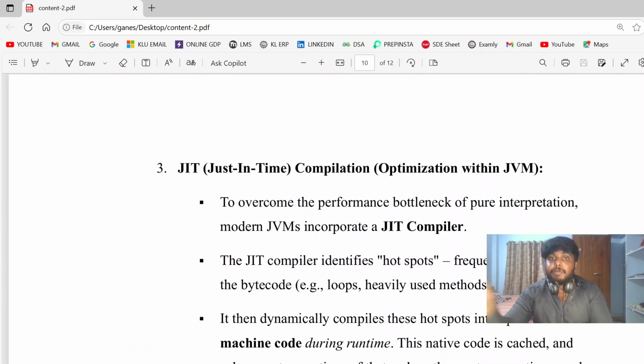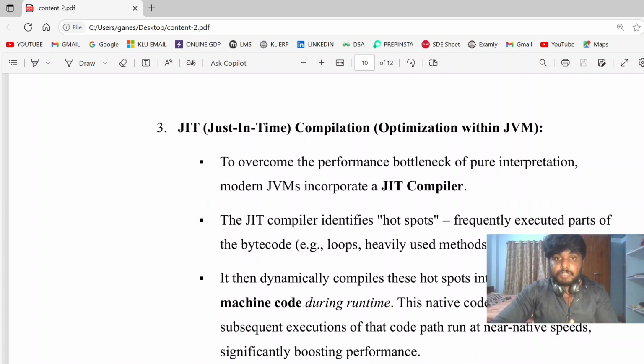Instead of pure interpretation, the JIT compiler identifies hotspots, frequently executed parts of the bytecode. When a frequently executed part of the bytecode is found, it is called a hotspot.